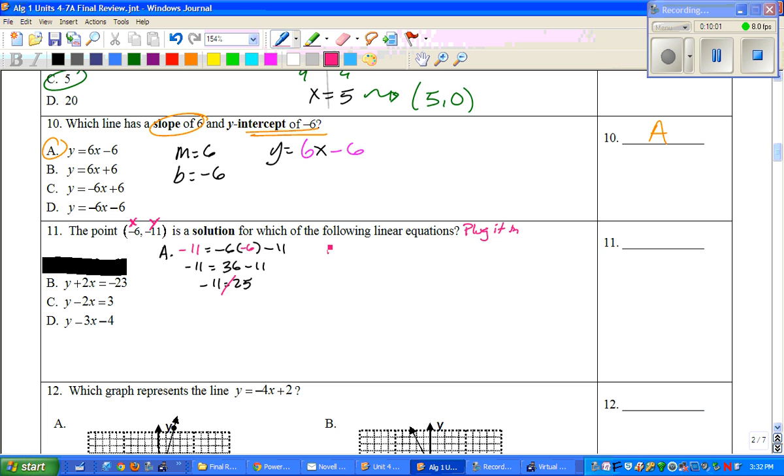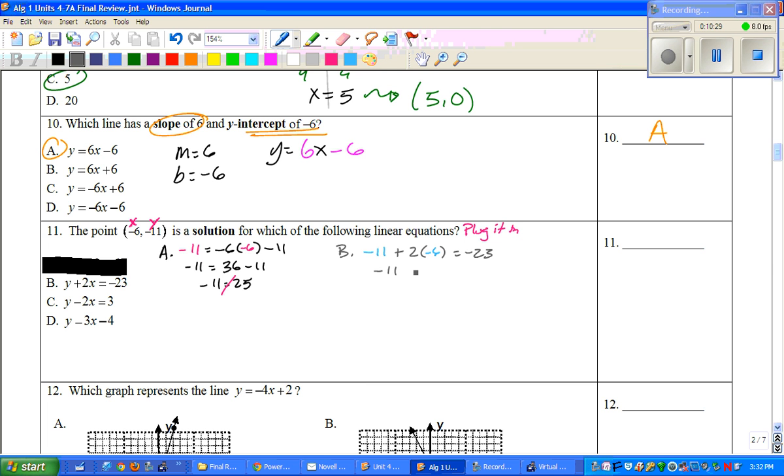Okay, B. y is negative 11 plus 2 parentheses, we're plugging in negative 6, equals negative 23.